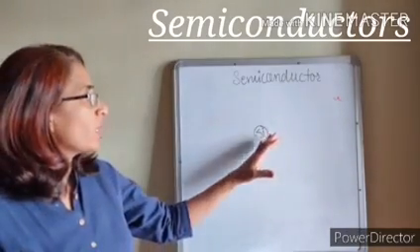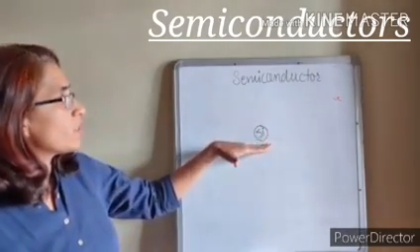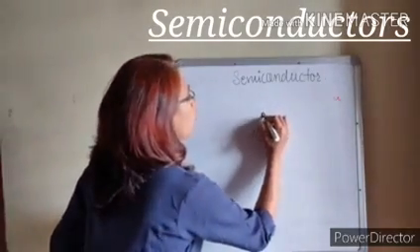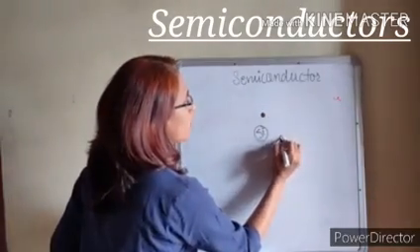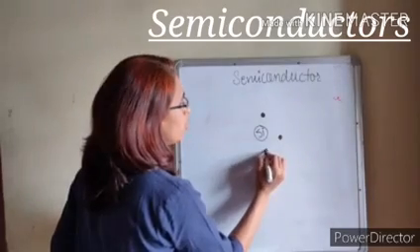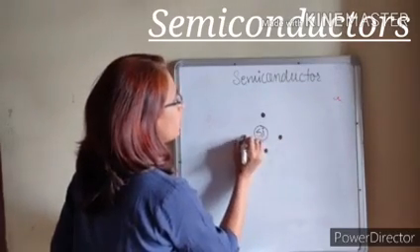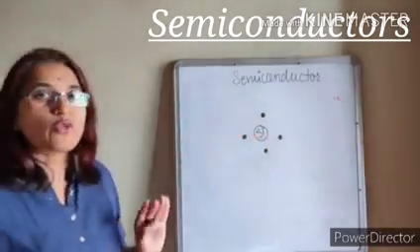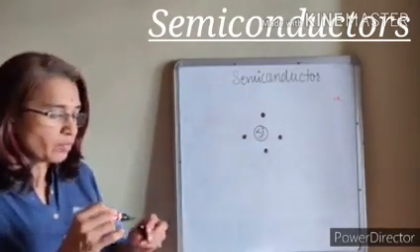So what do the silicon atoms do? Suppose this is an atom of silicon. There are 4 electrons in the silicon atom, and it requires 4 more electrons to become stable.